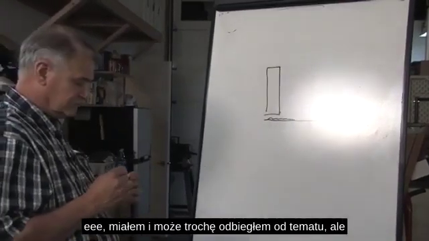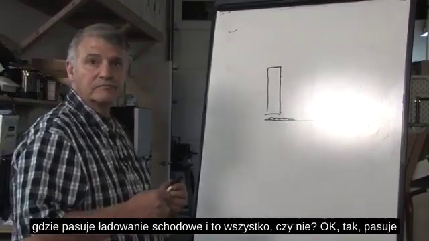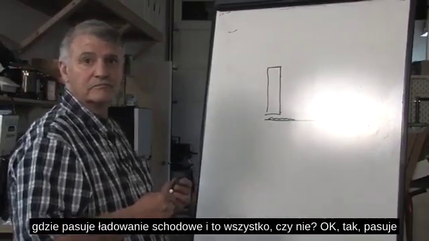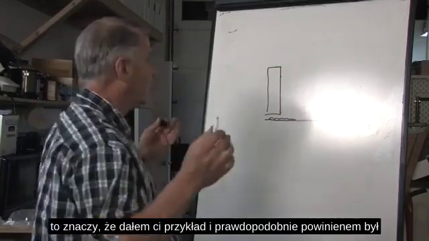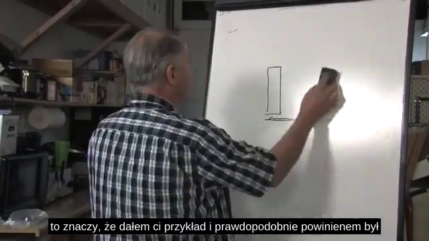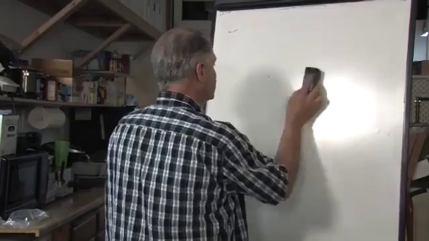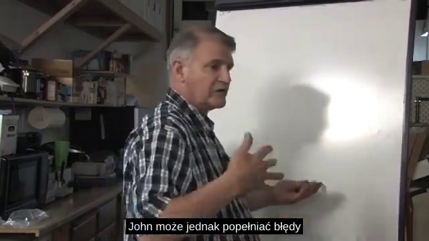I may be way off base here, but where does stair-step charging fit in all this, or doesn't it? Okay, yes it does. I gave you the example, and I probably should have. John's capable of making mistakes.